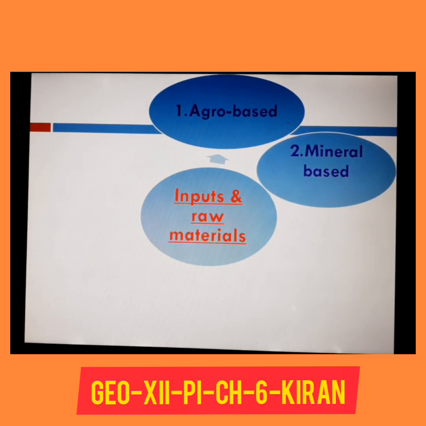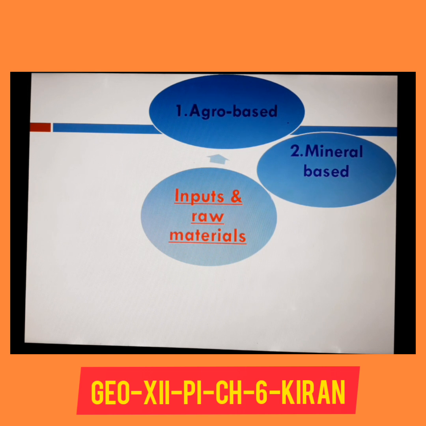Next, we have mineral based industries. They are called mineral based industries because the raw material is coming from mining areas. The important raw materials like iron ore, manganese ore, bauxite, copper, and other minerals which are extracted from the earth's surface go as raw materials to these industries.